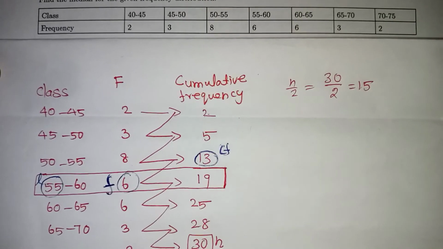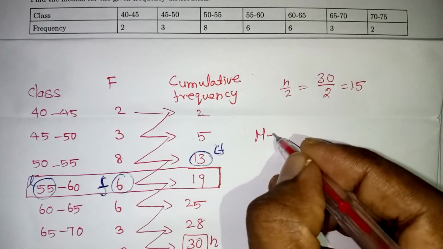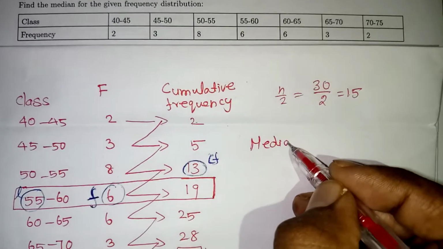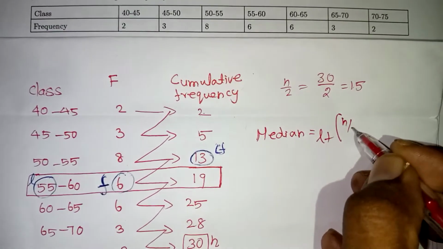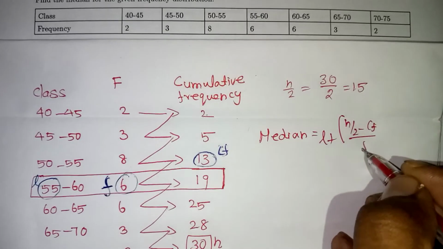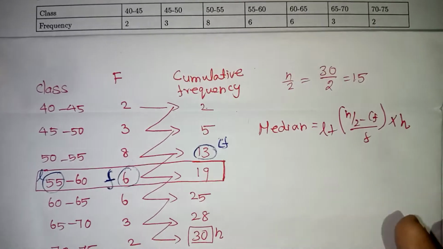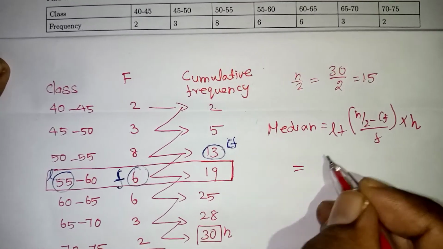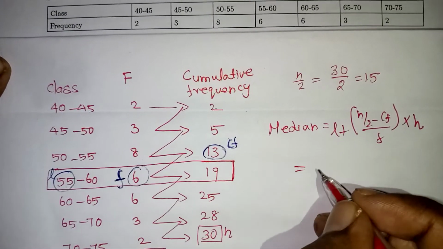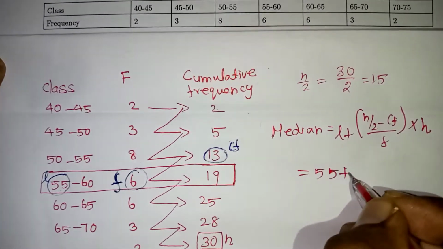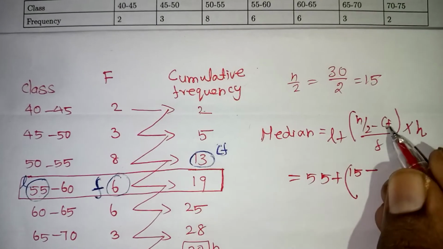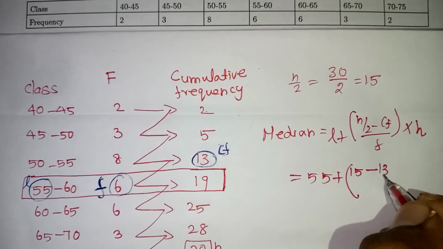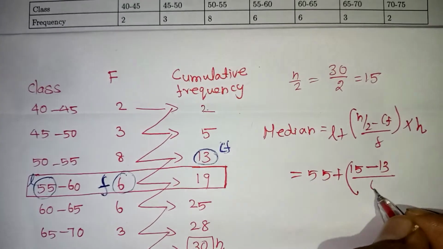Now let's write the formula. So we know the basic median formula. Median is equal to L plus n by 2 minus CF by F into H is your basic formula. Now let's substitute. L value we got 55. 55 plus n by 2 we got 15. 15 minus CF 13 divided by F is 6.